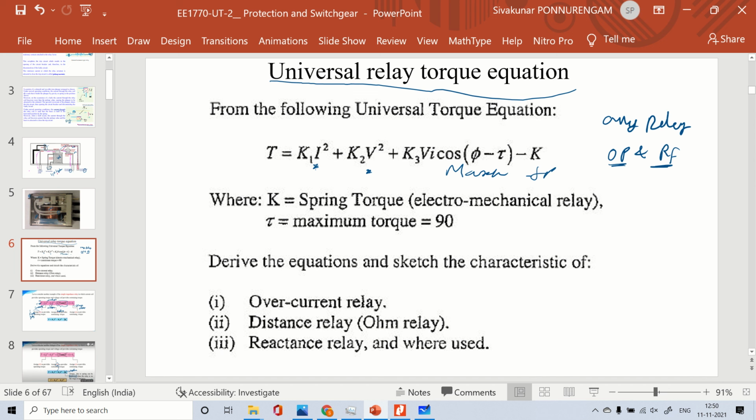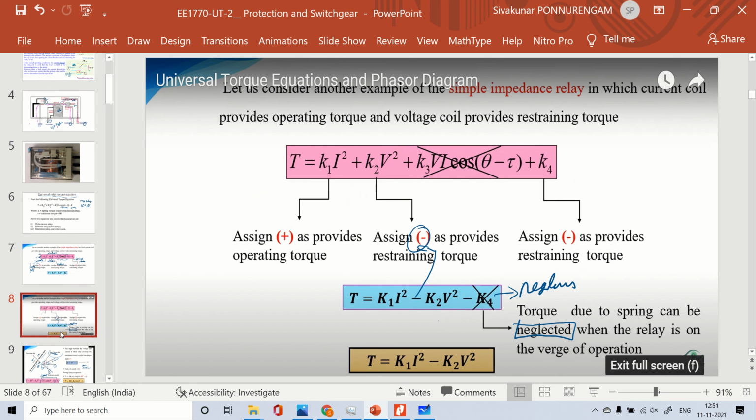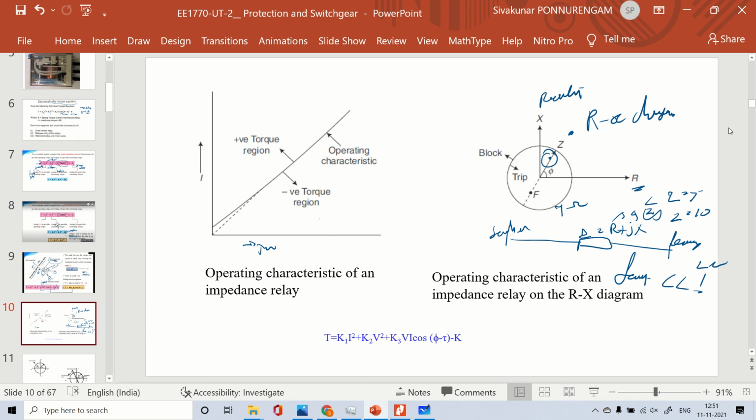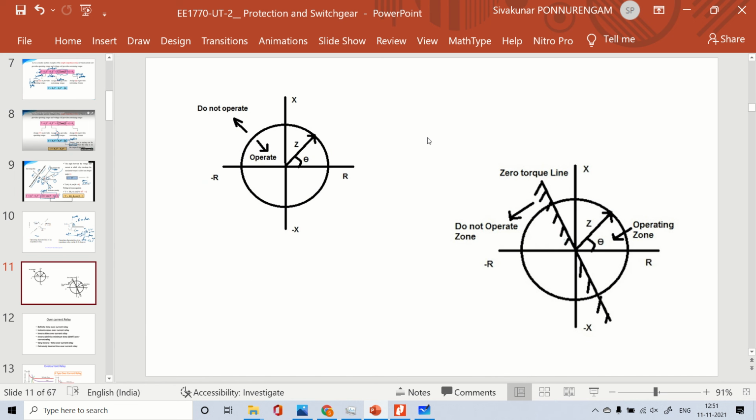This is the spring constant. So these are all the things we are going to attain. The next topic covered in this video is the RX diagram of the relay. So this is the normal RX diagram, that is the operational thing.